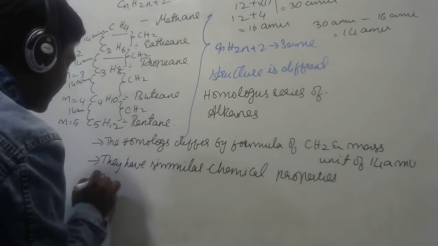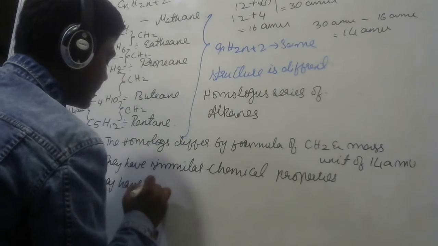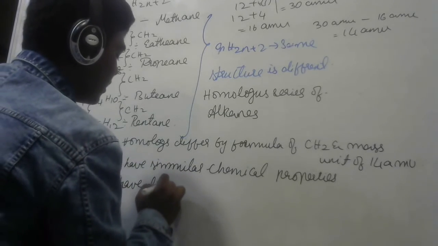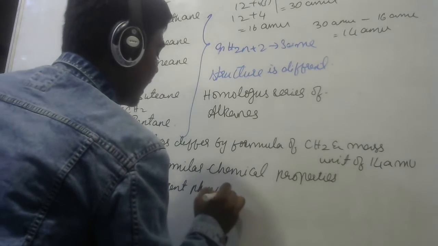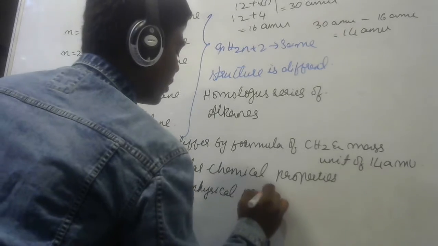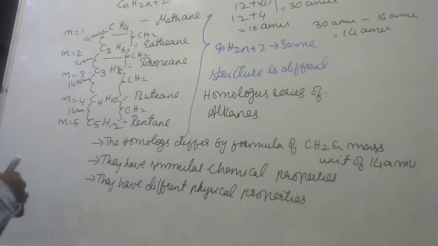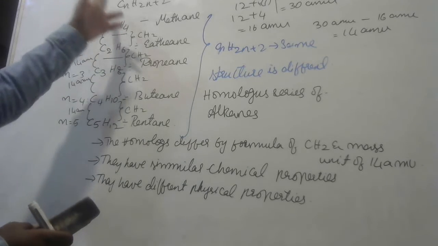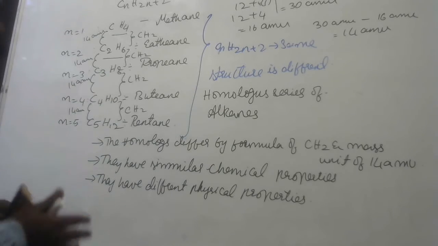But coming to the physical properties, they have different physical properties. Why? Because the arrangement of carbon atoms would be different, and the number of hydrogen atoms would be different.